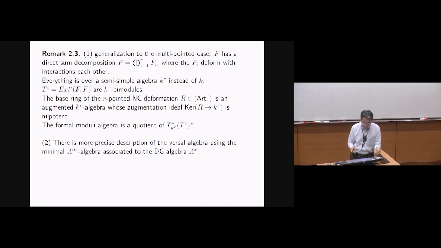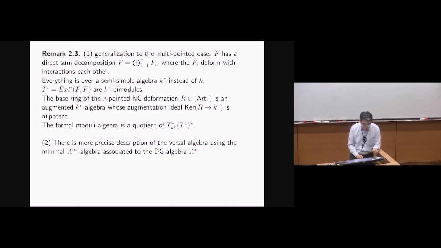Augmented means that in addition to the homomorphism from K^r to R, there is another homomorphism from R to K^r, and the base ring has this augmentation ideal which is nilpotent.